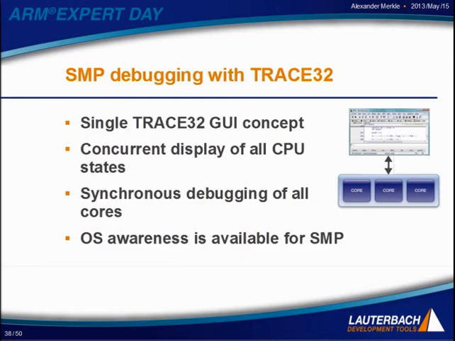Okay, so let's sum this together. With SMP debugging, synchronous multiprocessing, we have a single TRACE32 PowerView GUI concept. You have got a single window which will control all cores of your system. You have a concurrent display of all CPU states. The synchronization doesn't need to be set up.